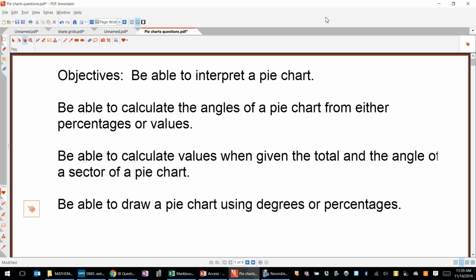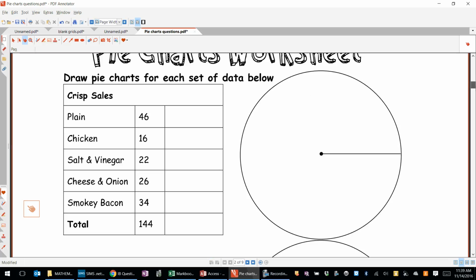What we'll do first though, I've given you a worksheet, and your worksheet looks like this. We're going to look first at how we convert this information into a pie chart, and then we'll have a little discussion about what it tells us, before we go into more calculations.